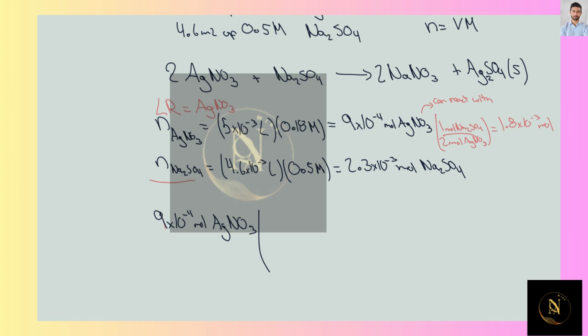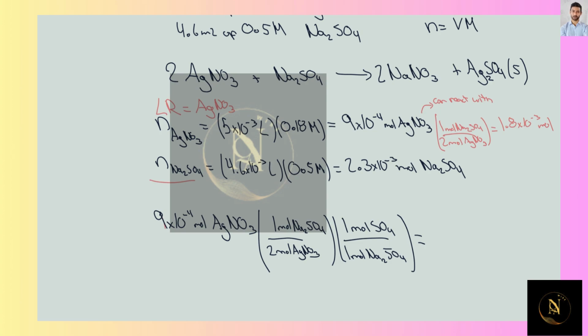We're going to use the stoichiometric relationships. 2 moles of silver nitrate correspond to 1 mole of sodium sulfate. 1 mole of sodium sulfate corresponds to 1 mole of sulfate.